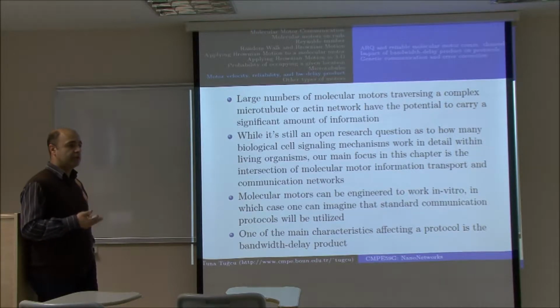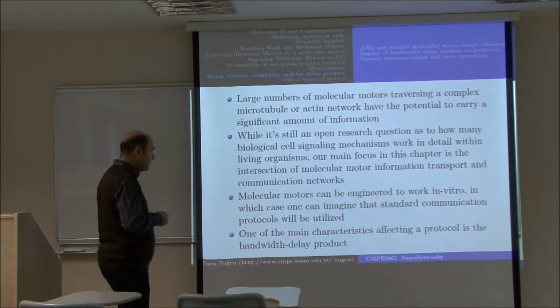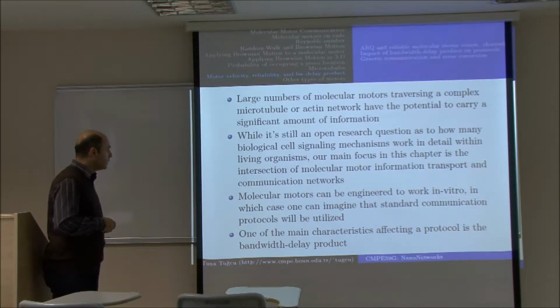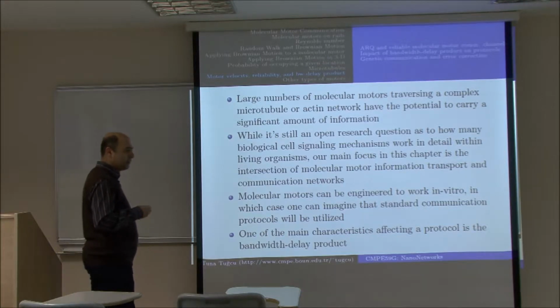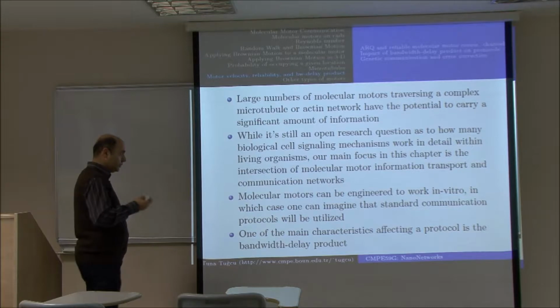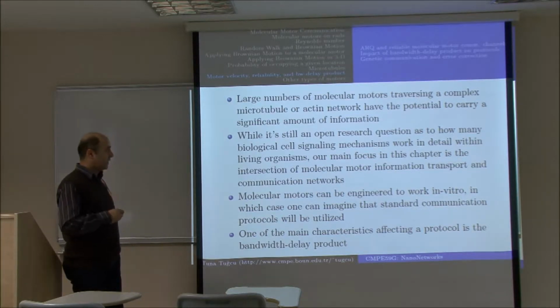The more motors you have, the more information you can carry. Still, in terms of biological cell signaling mechanisms, we don't know how many mechanisms are actually used in living organisms and how these are working. We have some information on that, but there's still research going on.